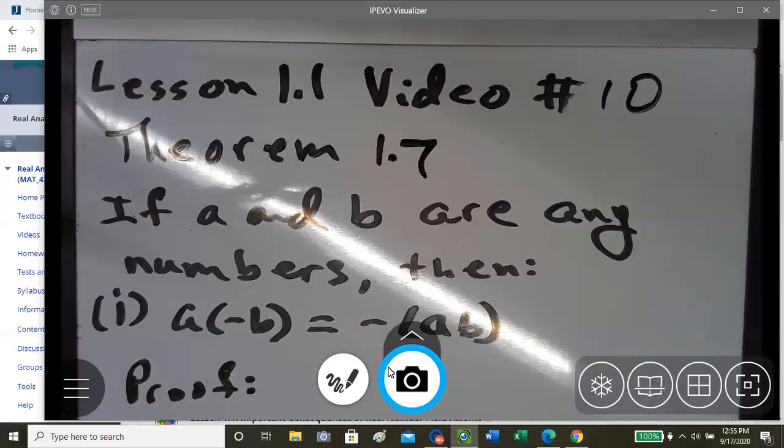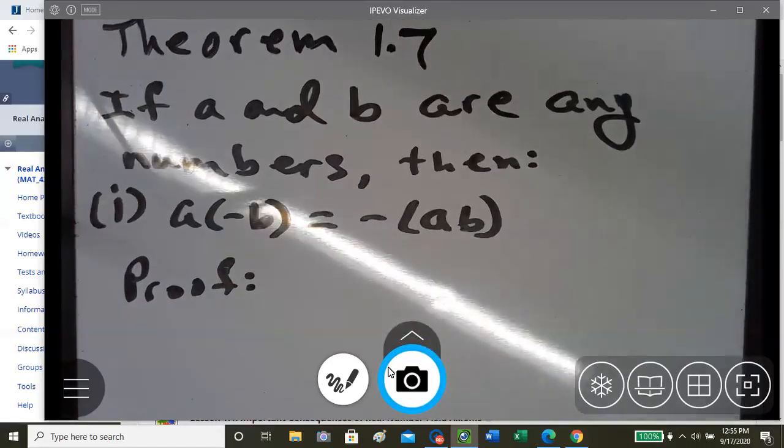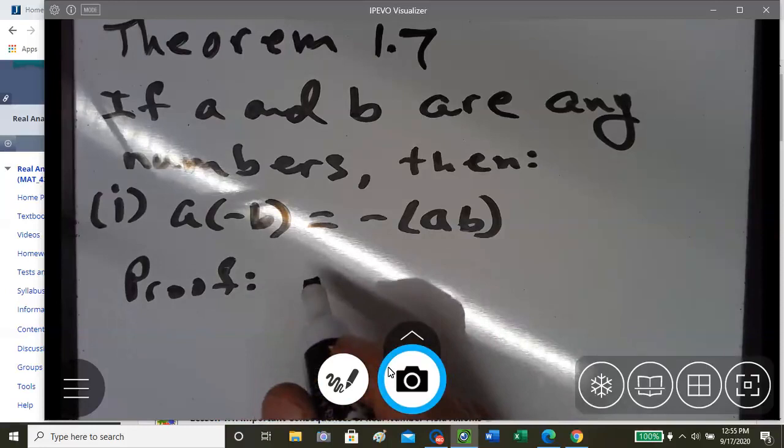Okay, the thing to remember with these proofs, if you notice in the back of the book, there's no answers for 1.1. And the reason for that is because there are many different ways that you can do these proofs. So this is just one of those ways, and each one of these examples gives different ways of attacking a proof. So it gives you a little bit more of a perspective of how to prove a problem.